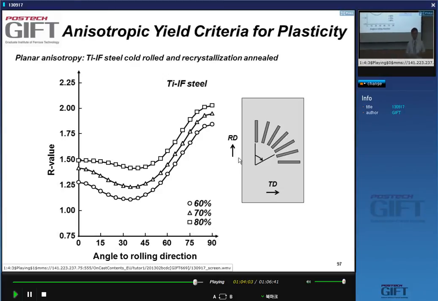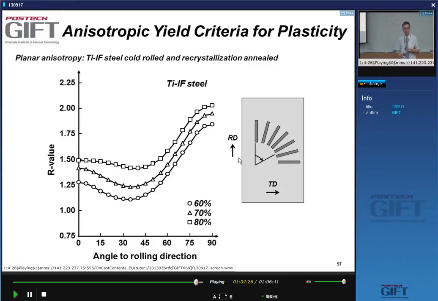So if I have a tensile specimen here, for instance, and I pull it in this direction so it deforms, the thickness strain and the width strain are not the same very often.